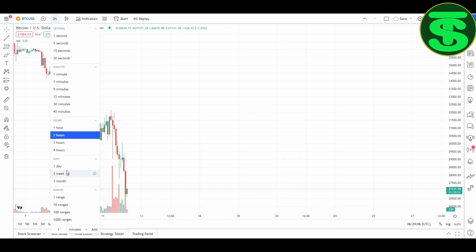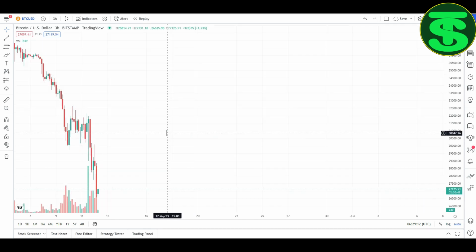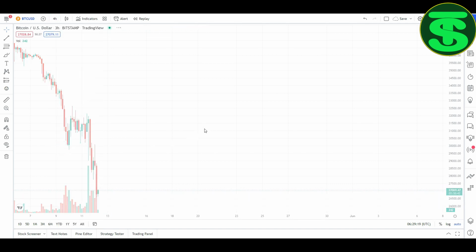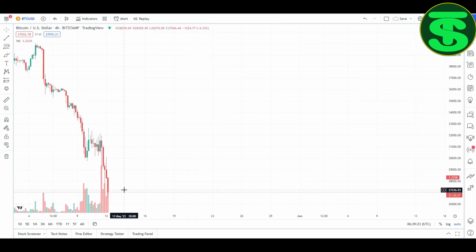If I go to the 3 hour chart, look, the market is going up. If I go to the 4 hour chart, the market is going down, so it's not the exact market.